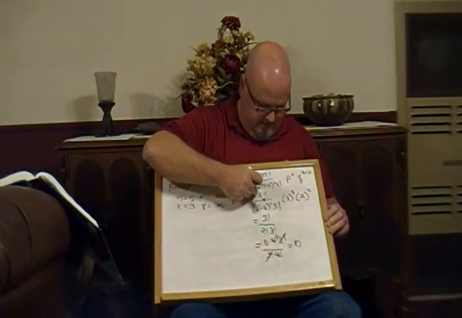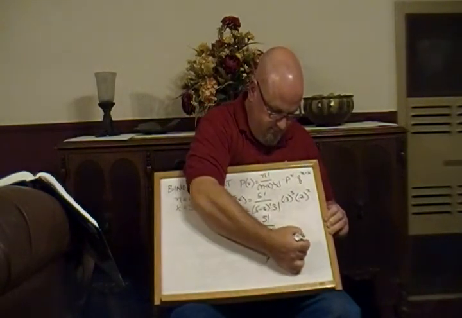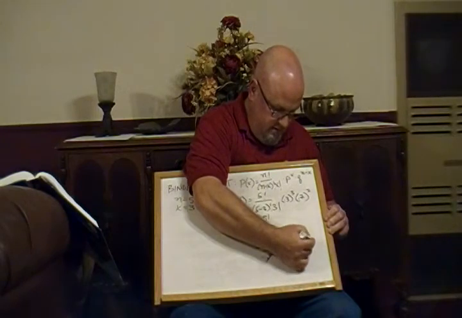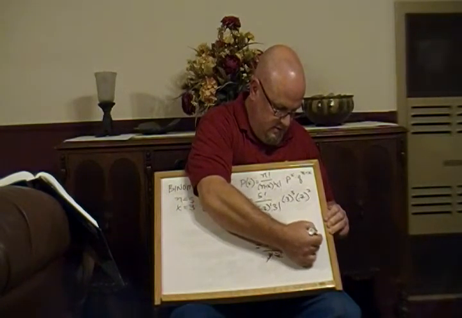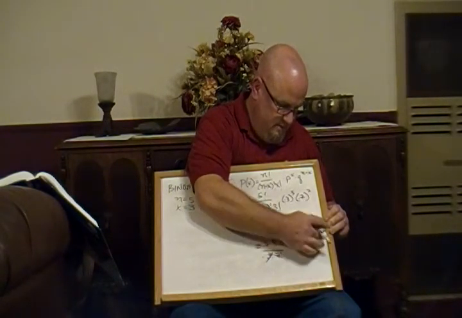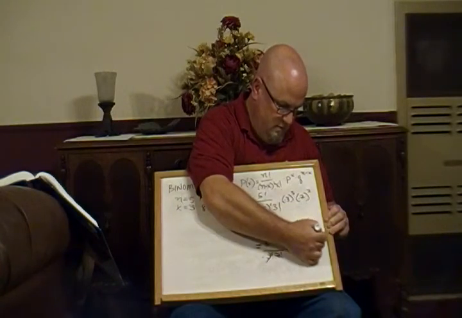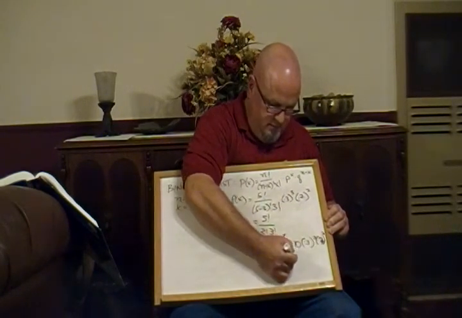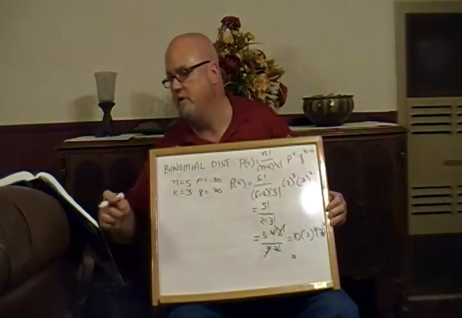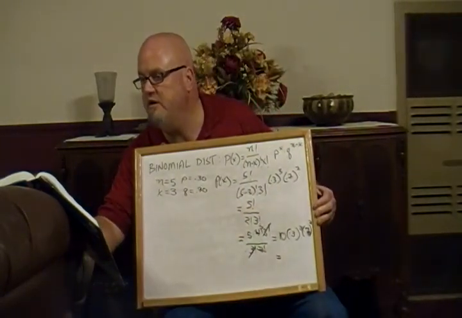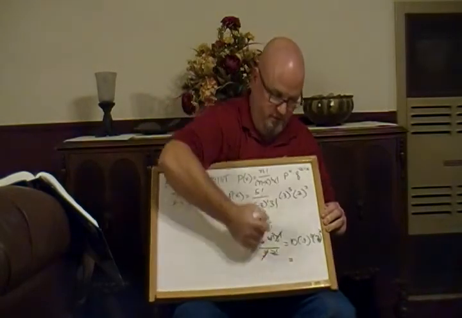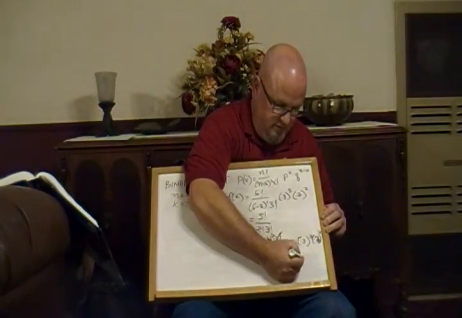And then we have 10 times 0.3 to the third times 0.7 squared. Multiply all that out. That's just a simple calculator problem. I'm going to cheat and look on my sheet here. That equals 0.132.